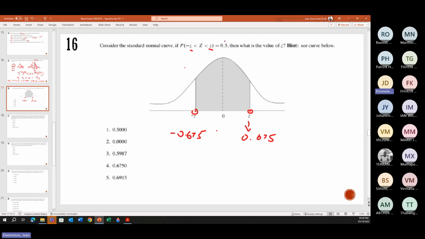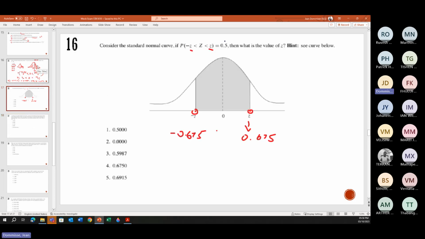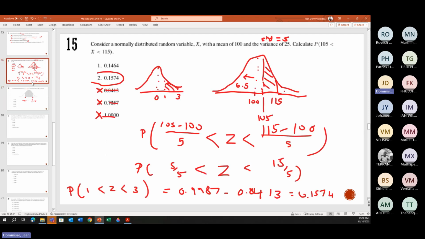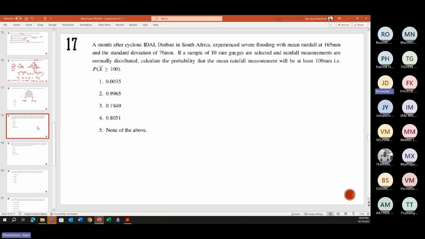Okay, so let's go to the next one. Now you can see this was basically from study unit 6. We only looked at Z. There wasn't a mention of sampling. Then we go into study unit 7, and the questions around study unit 7 start.